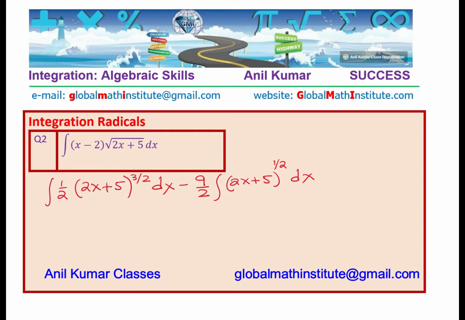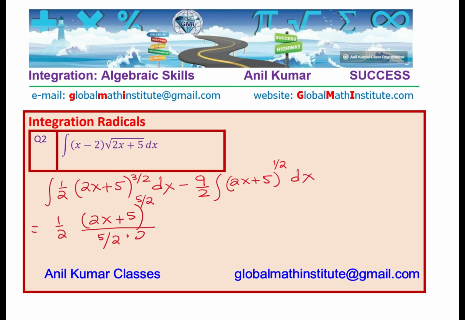Now we can apply the power rule to find the integration of this. So half is half, right? And then we have 2x plus 5 to the power of 3 by 2 plus 1, which is 5 by 2, right? Divided by 5 by 2, also divided by 2, which is the derivative of inside terms, right?